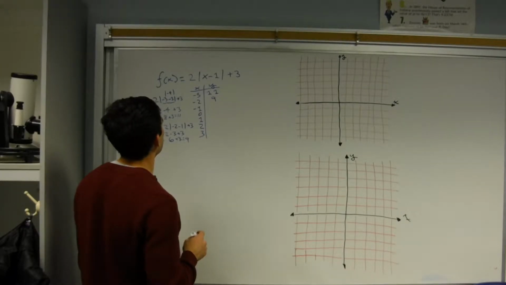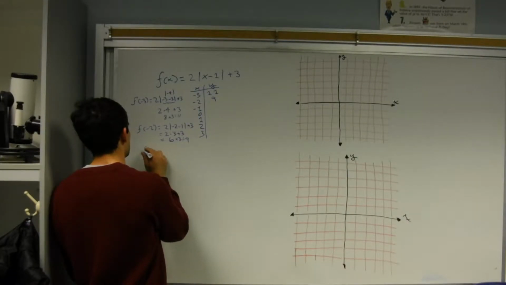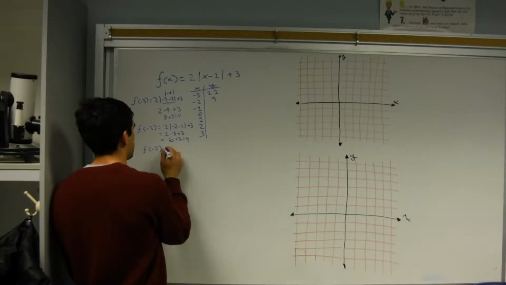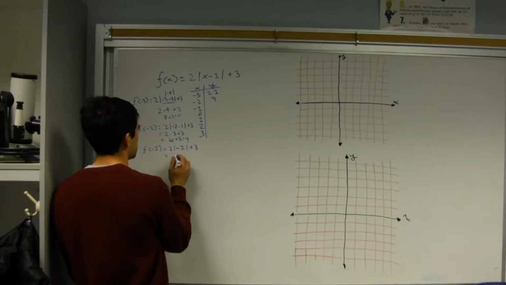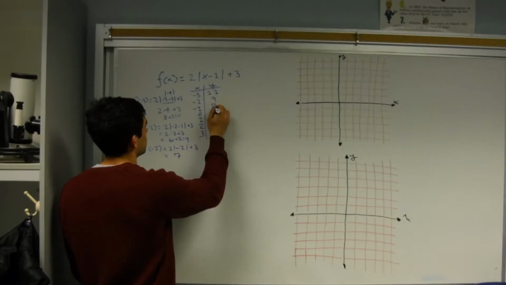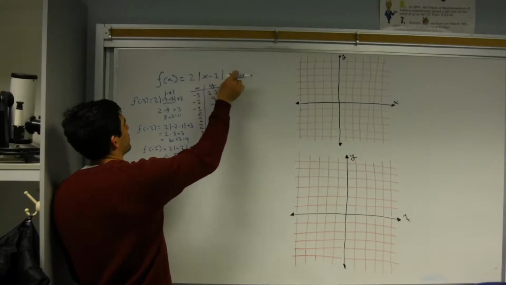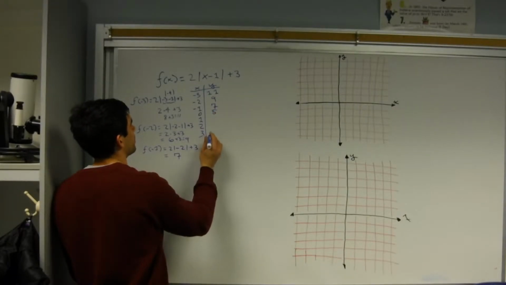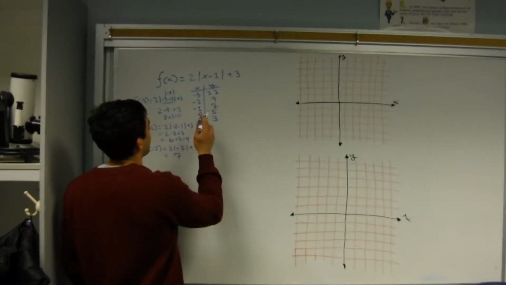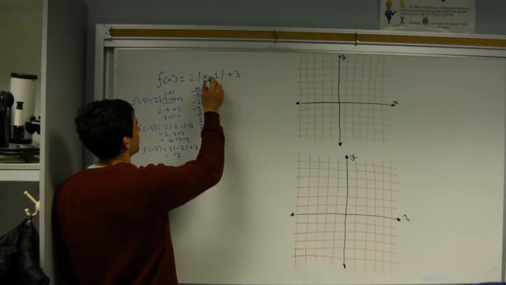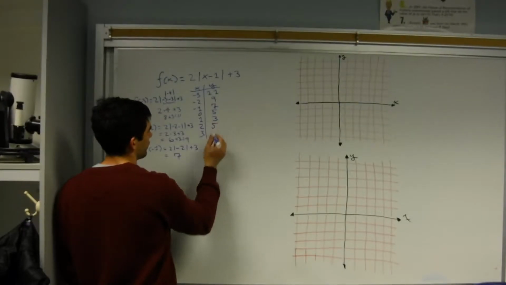f of negative 1 is going to be equal to 2 times 2 plus 3, which is equal to 7. f of 0, this x will go away, so we'll just get 2 plus 3, which is 5. f of 1 is going to be equal to 3. f of 2, we have a 2 times 1 here, so this is a 1. 2 times 1 plus 3 is equal to 5.